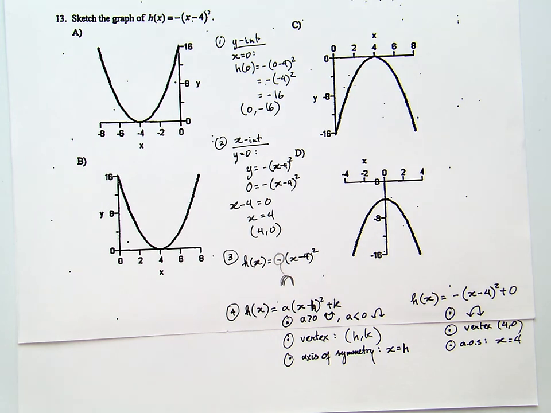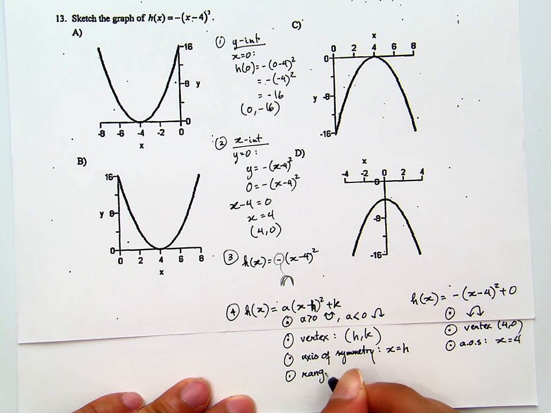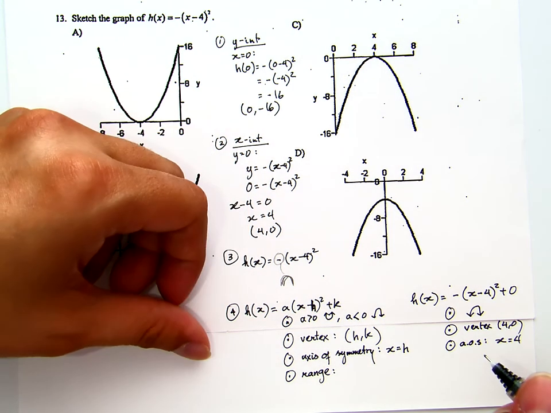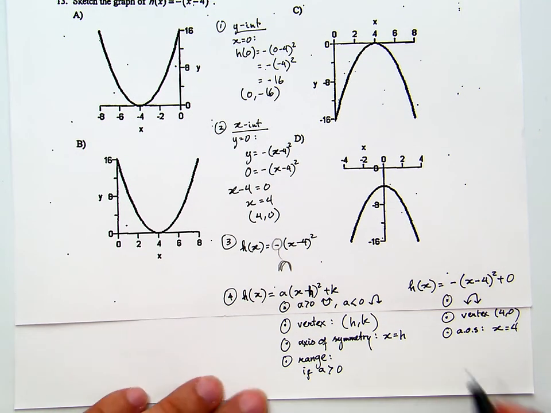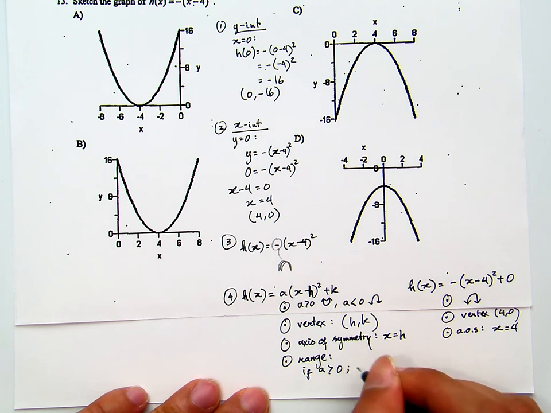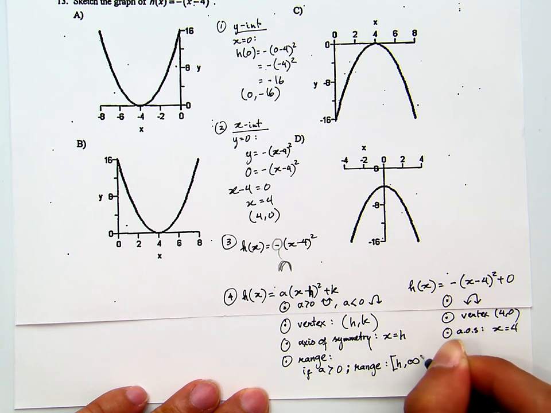What else can we say? The domain and the range. The range of course depends on whether it opens up or down. If a is positive, because it opens up, then the range will be from k going to infinity.